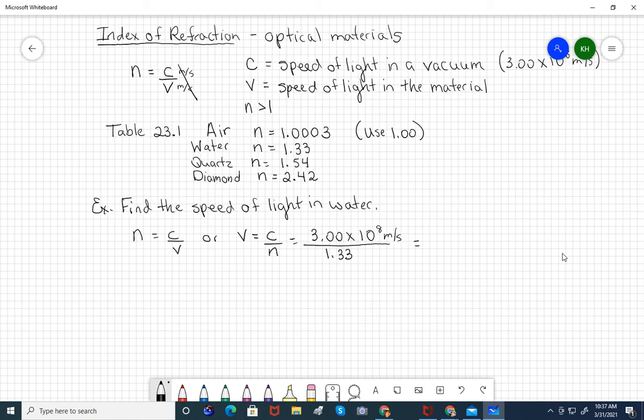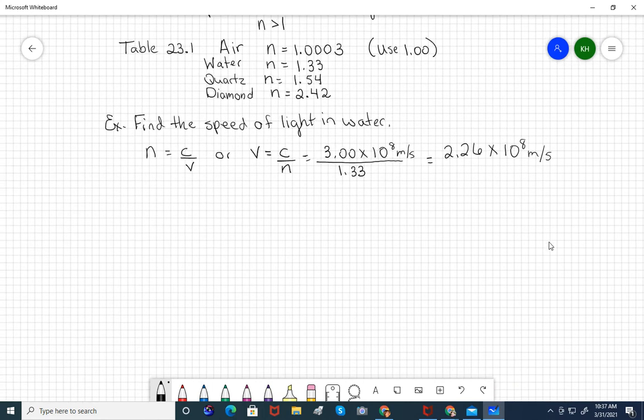You get a calculator. And it comes out to be about 2.25 or 2.26 times 10 to the 8th meters per second. It's roughly 3/4 of the speed that it travels through air or through a vacuum.